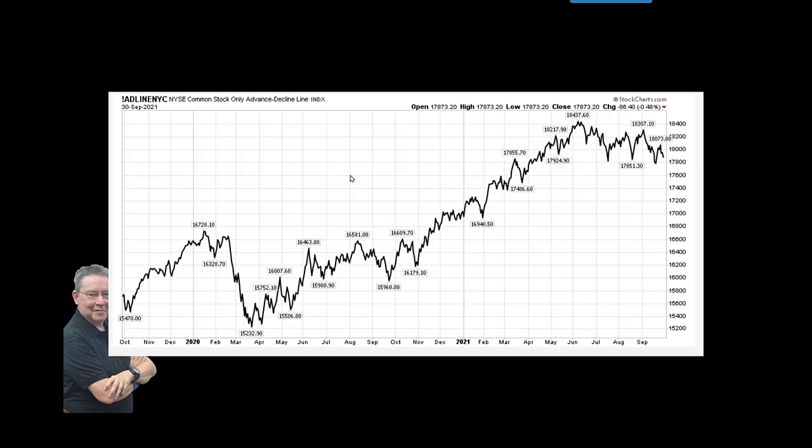If the generals are charging off to new all-time highs and the soldiers are running to the rear, that rally is going to fail, because the generals can't advance without the soldiers being behind them. In a way, that's called breadth.